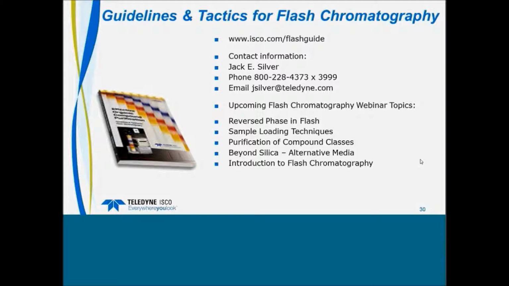Okay, the next question that we have coming in is that during the presentation you mentioned several different types of columns. Do you have a favorite type of column that you like to use for this type of synthesis? I don't have a favorite. The reason why I do the screening is it lets me determine what is the best column. Please note that some of the columns are reusable.